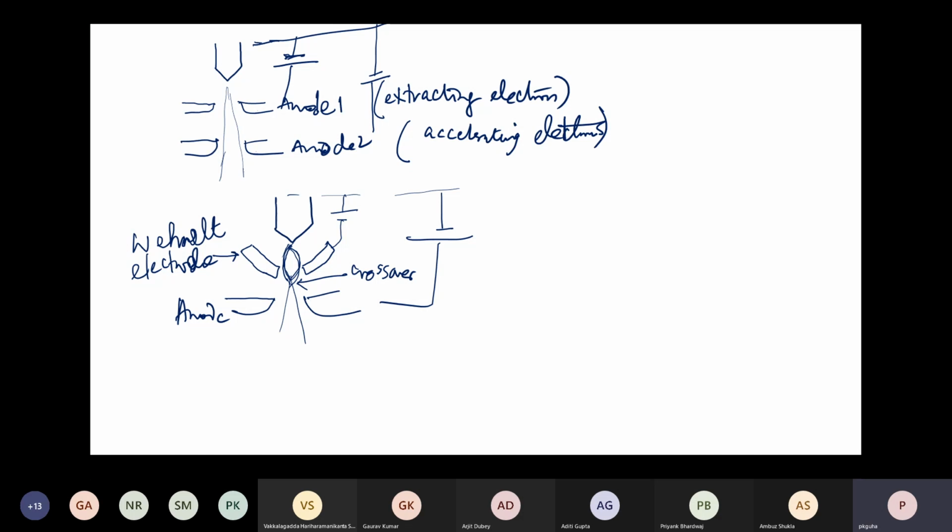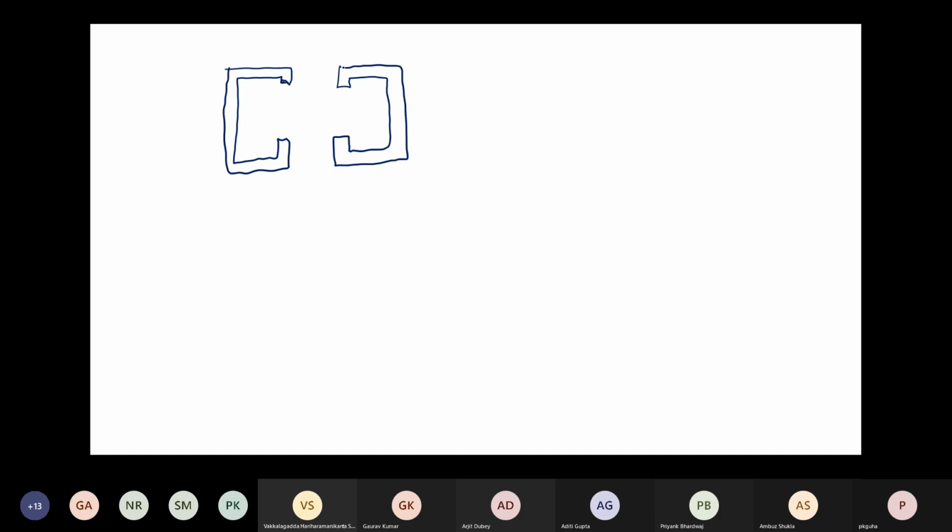Again, this is a schematic. So you have this structure, and you have copper coils. As I mentioned, these are all electromagnetic lenses, so you pass current through these copper coils.